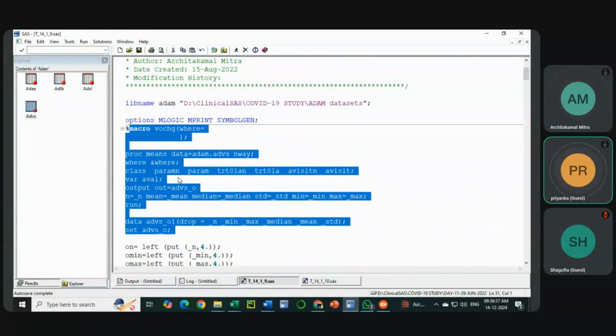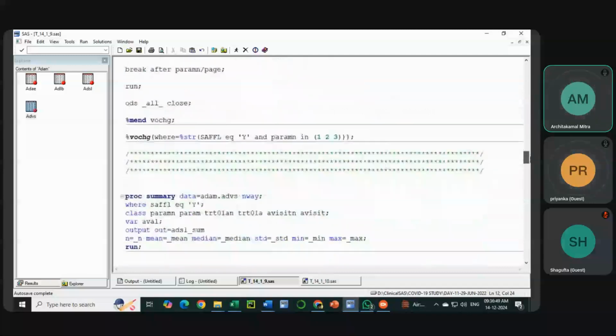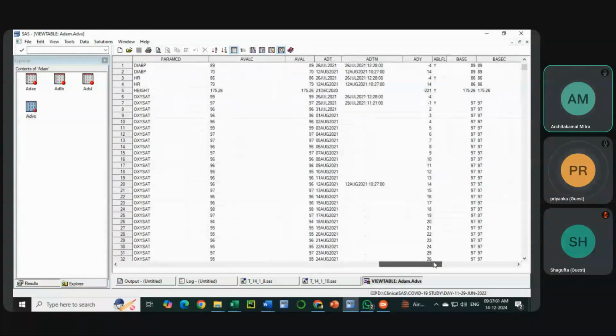This is where we are filtering. First, we are doing proc means data, where ampersand where. So ampersand where is SAFFL equal to Y, safety flag, and param n in 1, 2, 3.